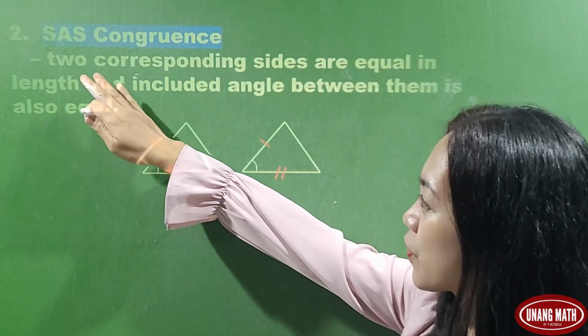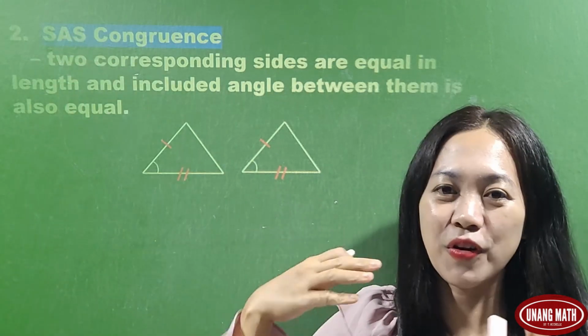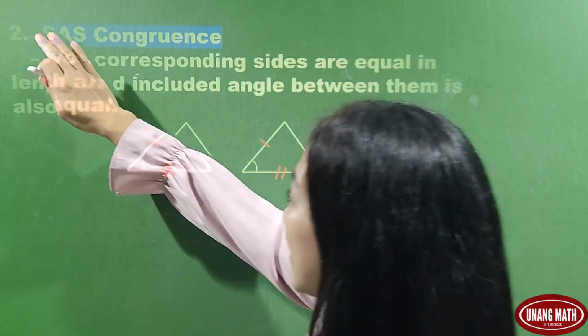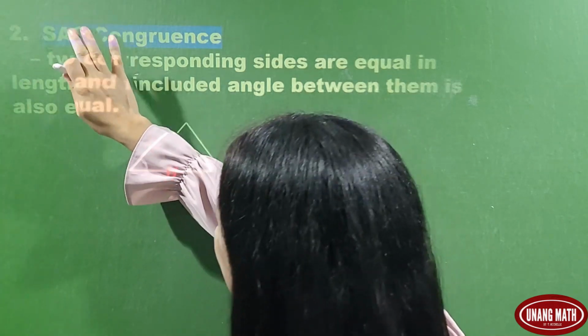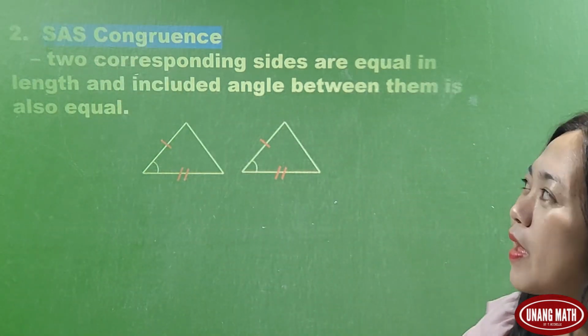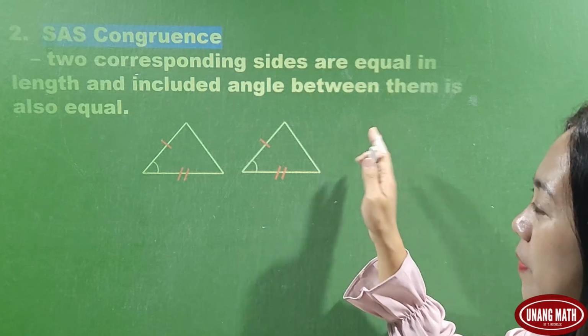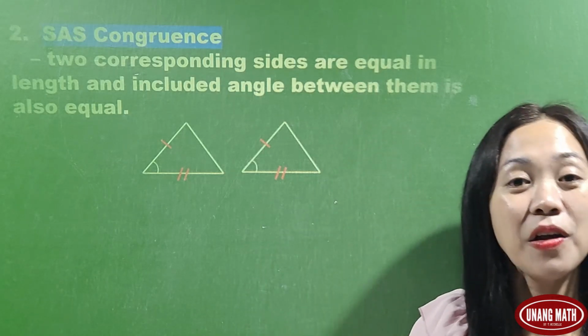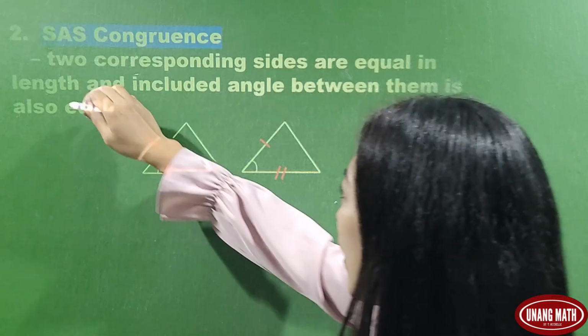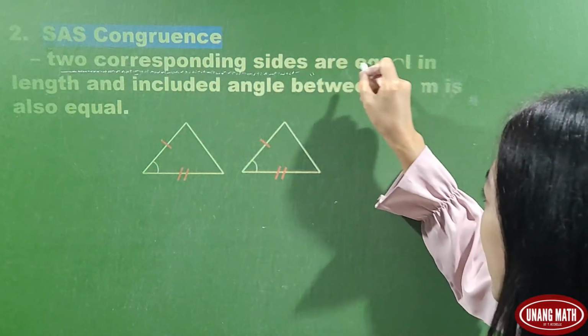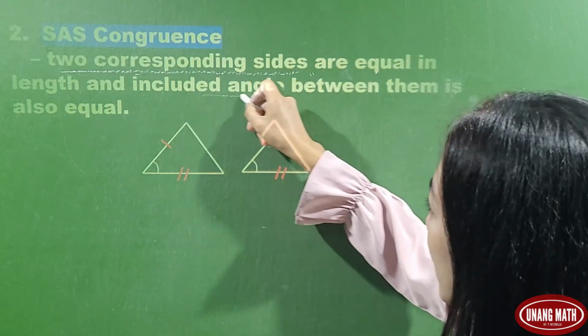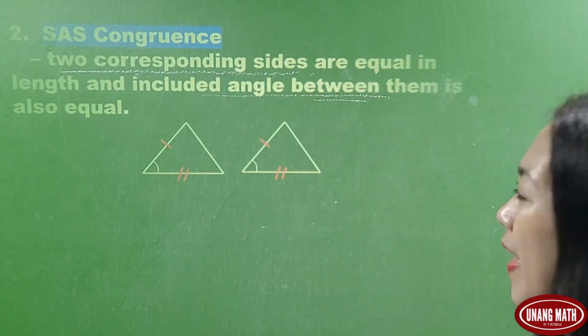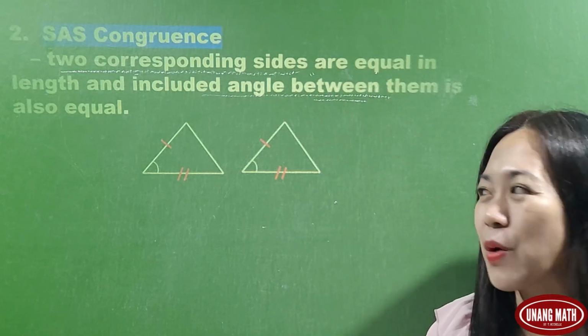Okay, for the second condition, this is what we call SAS congruence. S stands for side, A stands for angle. So we have side, angle, side congruence. According to this congruence, two triangles are congruent if the two corresponding sides are equal in length and the included angle between them is also equal.